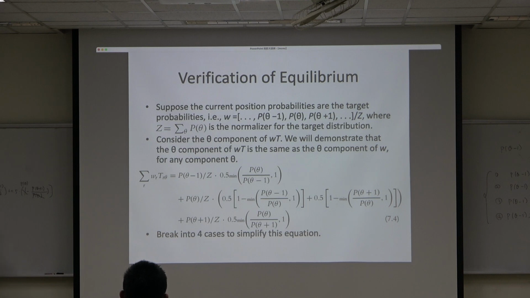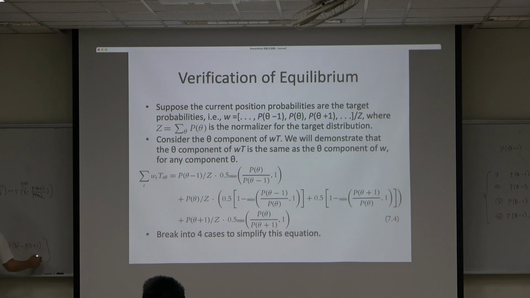And then the second one, we get this one out, we get this one out. So plus p of theta minus p of theta minus 1 plus p of theta minus p of theta plus 1. Okay, and then the last term we get plus p of theta plus 1.